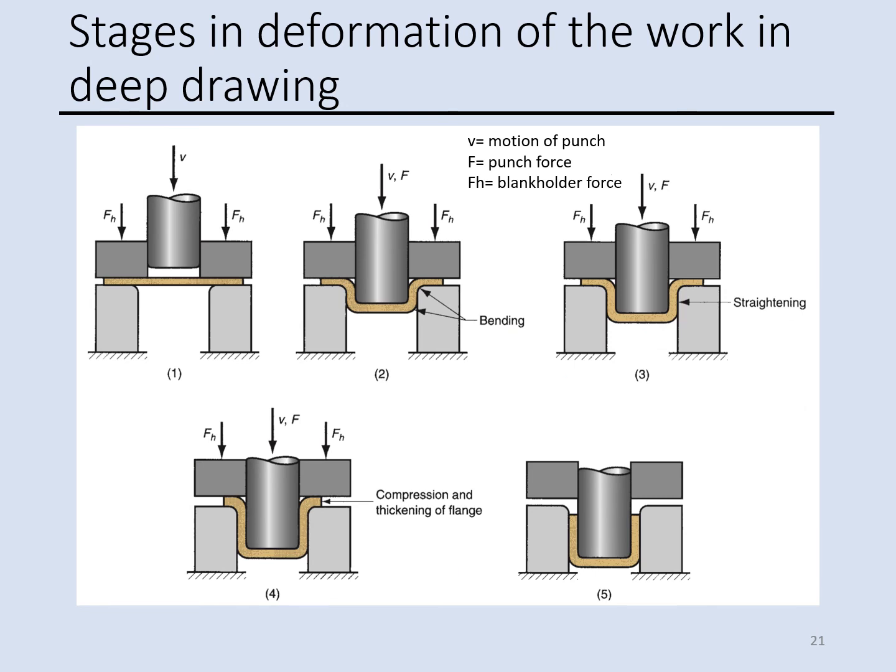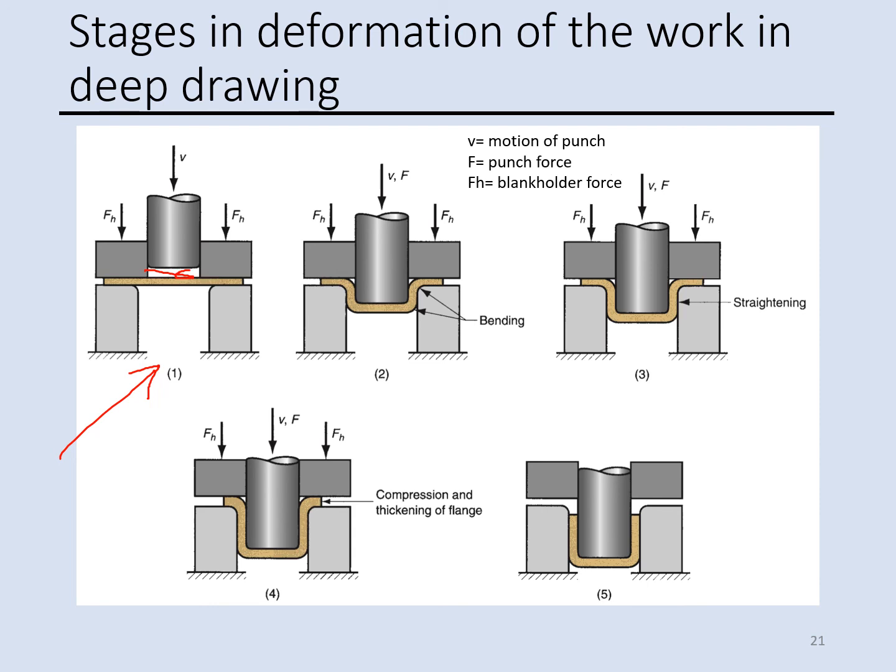Sometimes we call the drawing process deep drawing, and the steps for deep drawing are shown here. Starting from number 1, we have the punch just before contact with the workpiece.